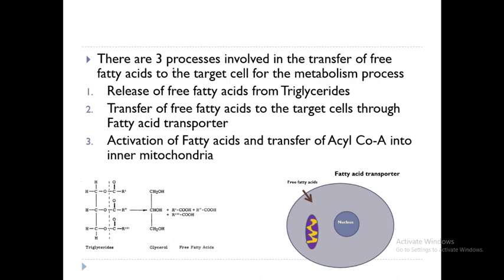Therefore, there are 3 different processes involved in the transfer of these free fatty acids to the target cells for metabolism to take place. Those are release of free fatty acids from triglycerides, transfer of free fatty acids to the target cells through fatty acid transporter, and the activation of fatty acids and transfer of acyl-CoA into the inner mitochondria.